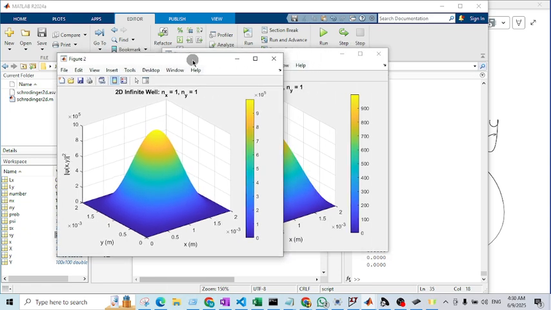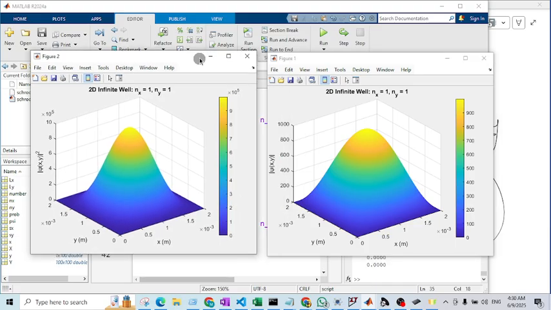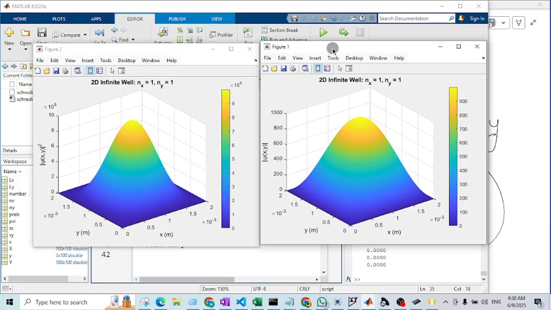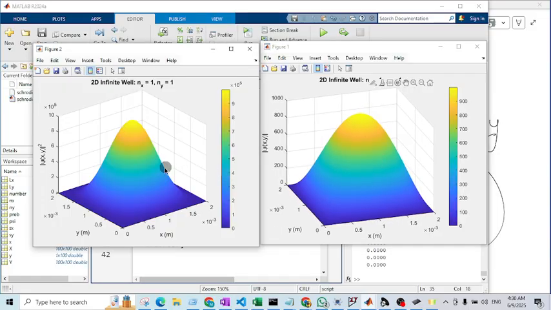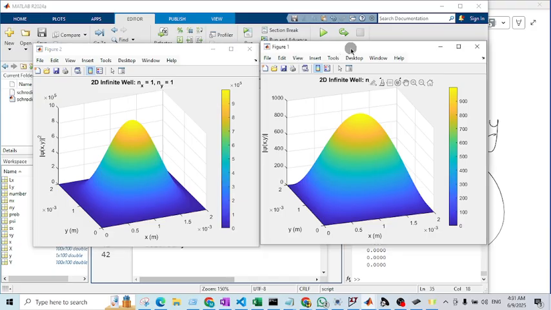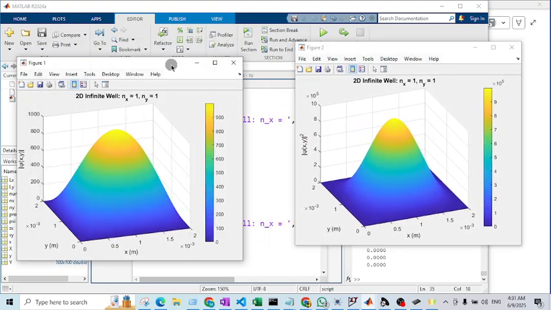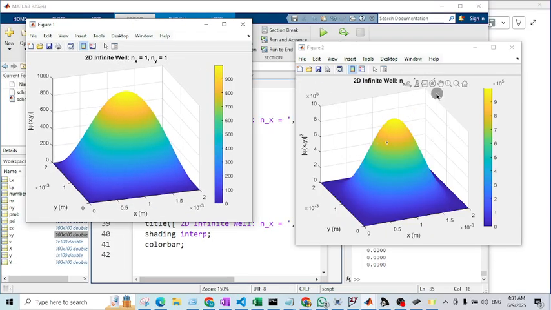So I get two things here. At the right hand side, this is our psi, and this is psi square.